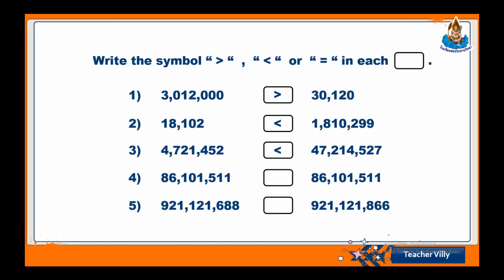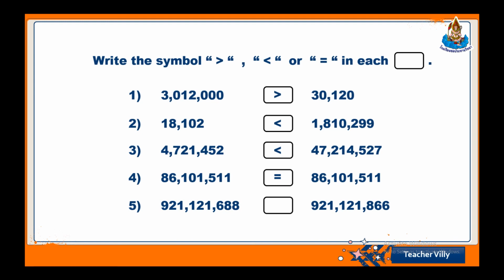The number 86,101,511 is equal to 86,101,511. Very good.